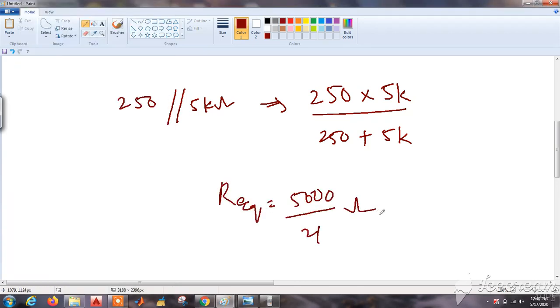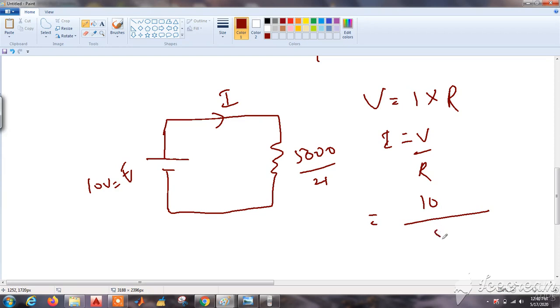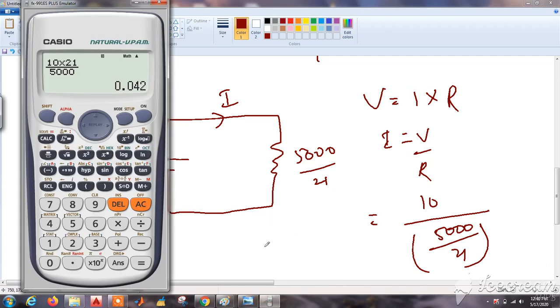Okay. Now simply we can apply Ohm's law and find the current. So I is equal to V by R. This will give us 10 divided by 5000 by 21, which will be 0.042 amperes.